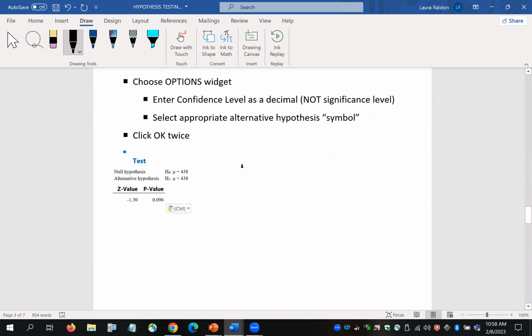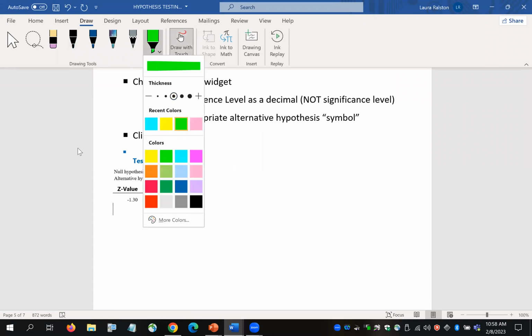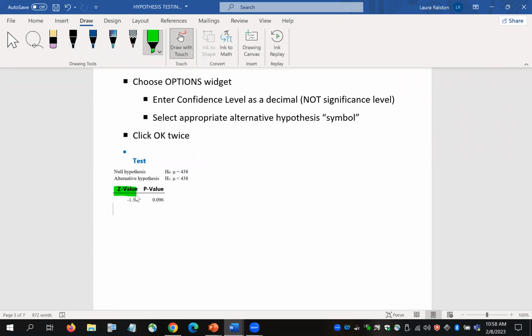I need to write down my z-score. My z-test statistic is this. They call it the Z-value. This is my test statistic.